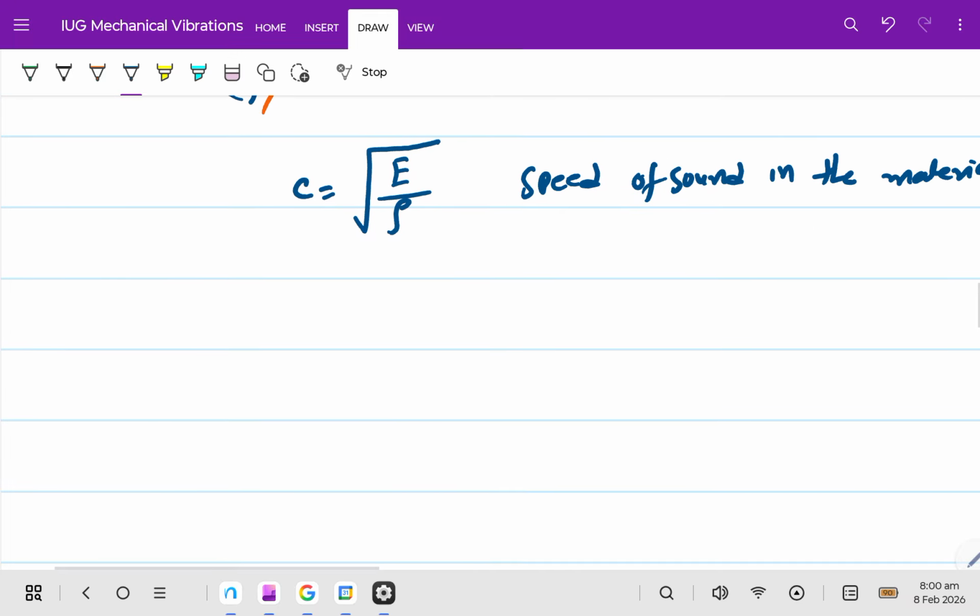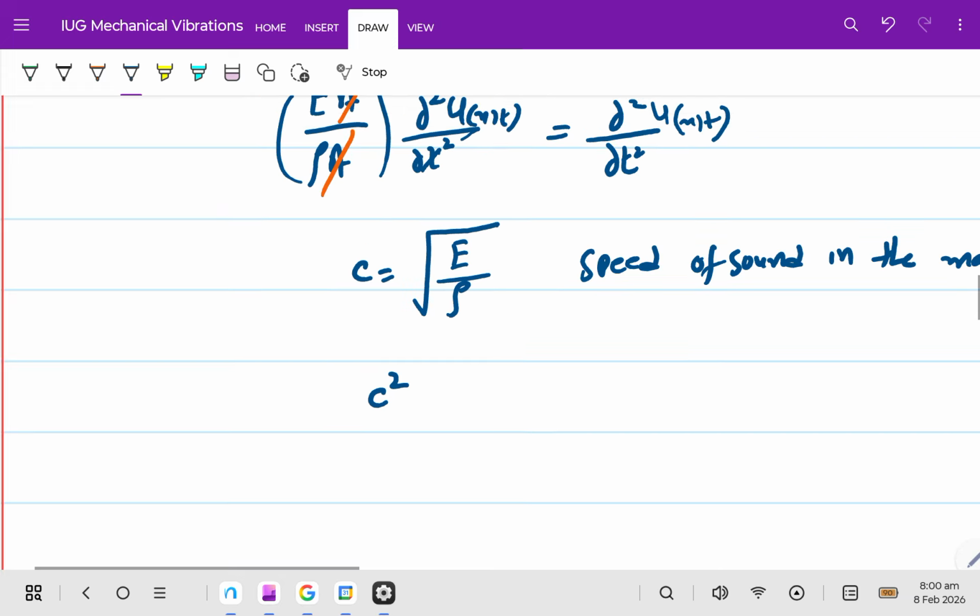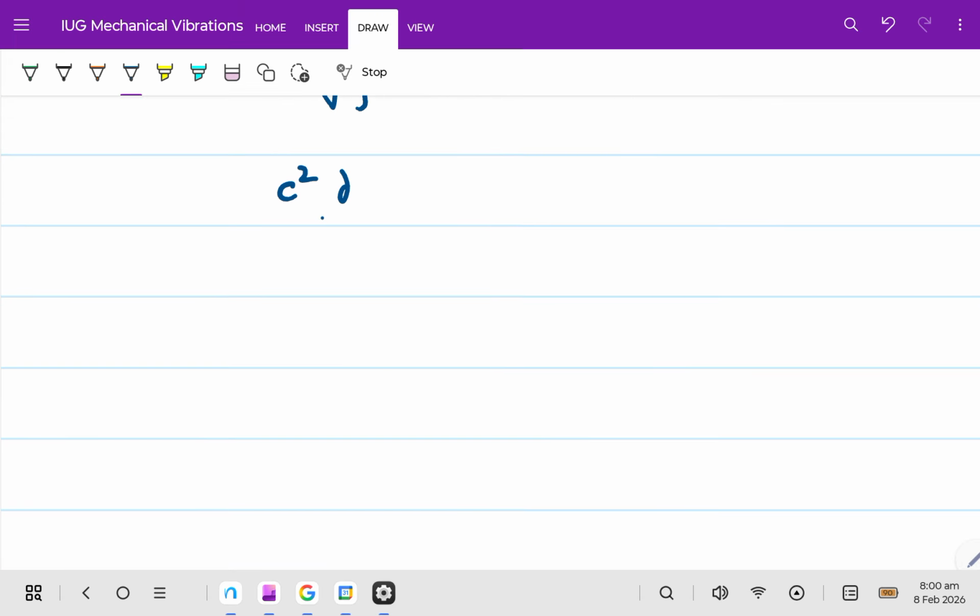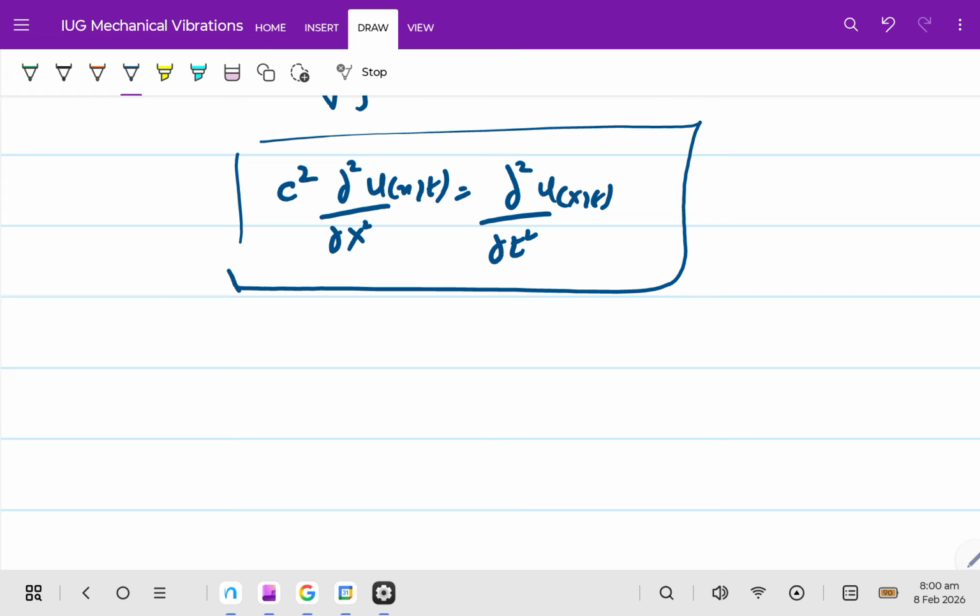So we can write it as c squared times the double partial derivative of u with respect to x equals the double partial derivative of u with respect to t. So that's again the famous wave equation.